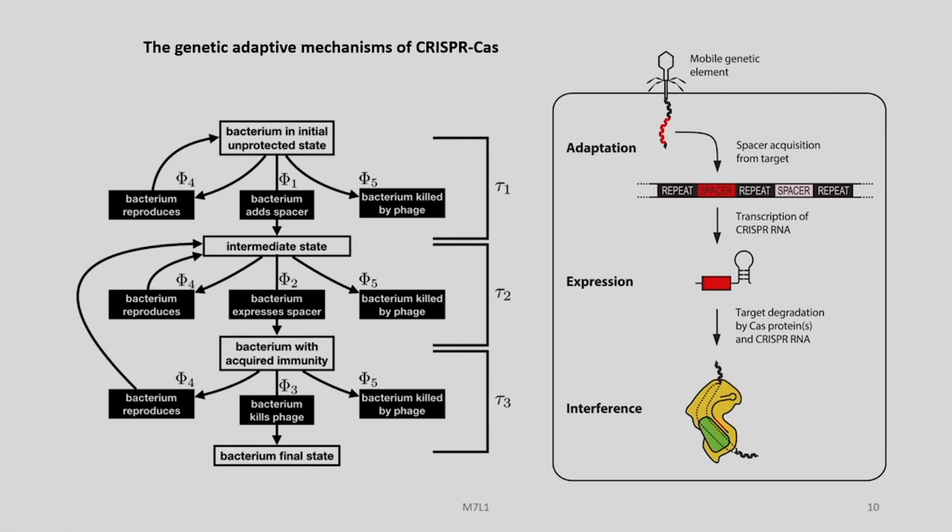adaptability against a viral attack. So, you can see here a virus attacking the bacterial cell, and it is pushing inside the genetic material. Something called spacer acquisition from this target is going on. So, this DNA is being cut and incorporated into somewhere.